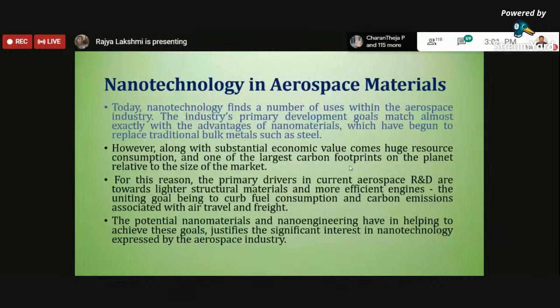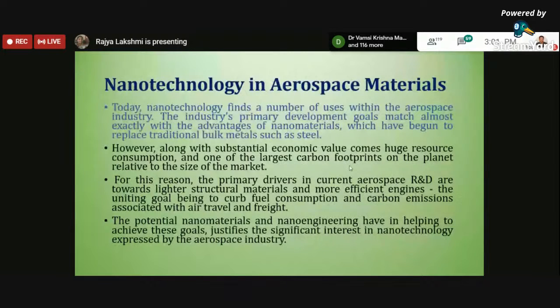If the weight is high, automatically you need to arrange the remaining designing parameters accordingly. If the weight is high, automatically fuel consumption will be high. That is why the important property with respect to aerospace products is lightweight.